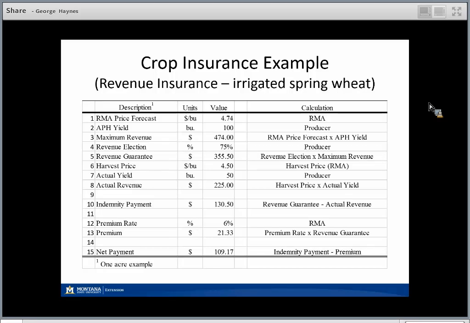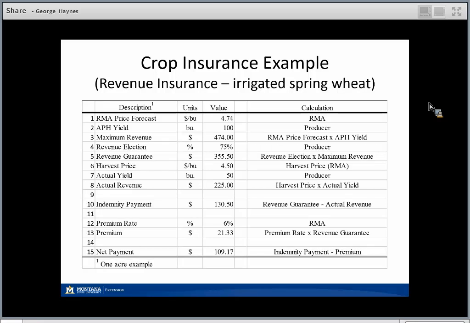But with their better judgment prevailing, they decided to buy insurance this year, and it turned out to be a really important decision for them because they had no production on many of their wheat acres. So this 1 year out of 10 provided some really important financial safety net to them.